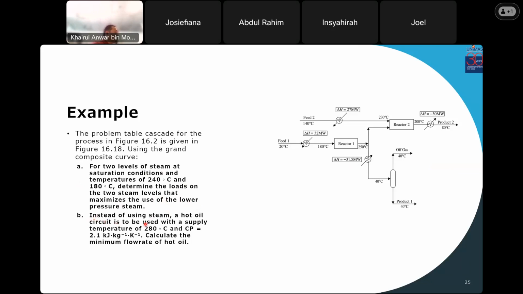Situation B, instead of using steam, the hot oil circuit is used with supply of 250 degrees C and Cp equal to 2.1 kJ per kg K. Calculate the minimum flow rate of hot oil.